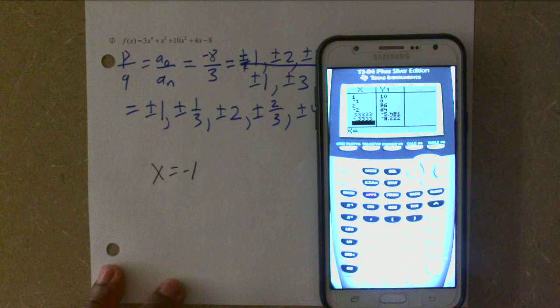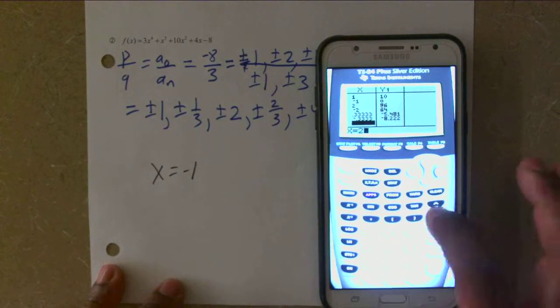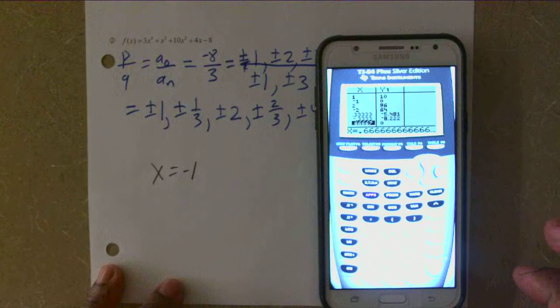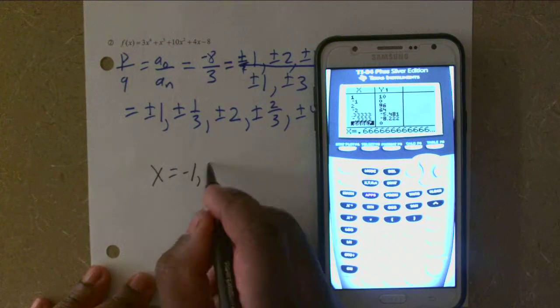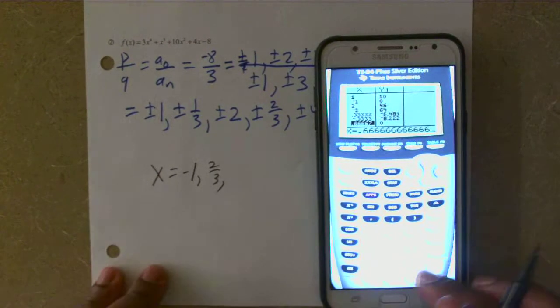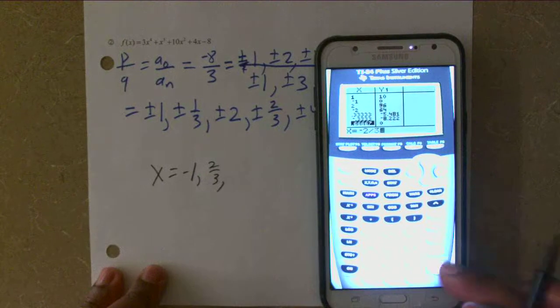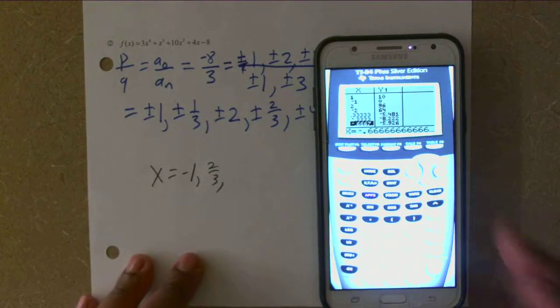Okay, 1/3 and negative 1/3 don't work. Then we could try 2/3. Now 2/3 works. And then we could try negative 2/3. That doesn't work. Then we could try 4.